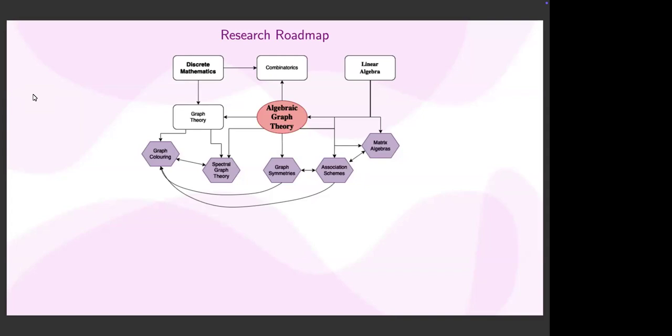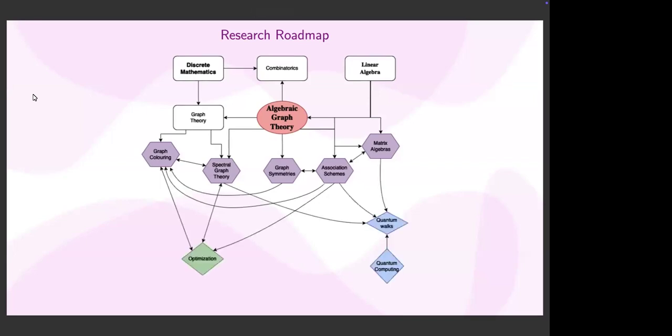It's related with graph theory, because if you remove this algebraic out of it, you would get graph theory. And we use tools from linear algebra, such as matrix algebras and association schemes, which also have connections to coding theory and other topics. But of course, there are many applications that I've worked on. There are applications in optimization and in this quantum walks topic that I'm going to talk about, which is the highlighted thing.